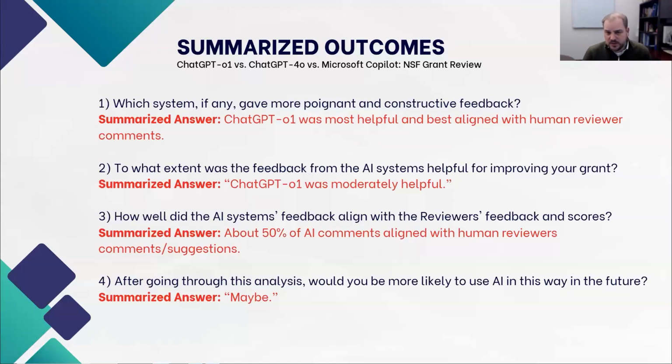So overall, she felt that ChatGPT-o1 was moderately helpful, and it aligned best with the human reviewers' comments. And of all the AI comments that were generated, about half aligned with the human reviewers' comments or suggestions. And when asked if she would use AI in this way in the future, well, she said maybe.